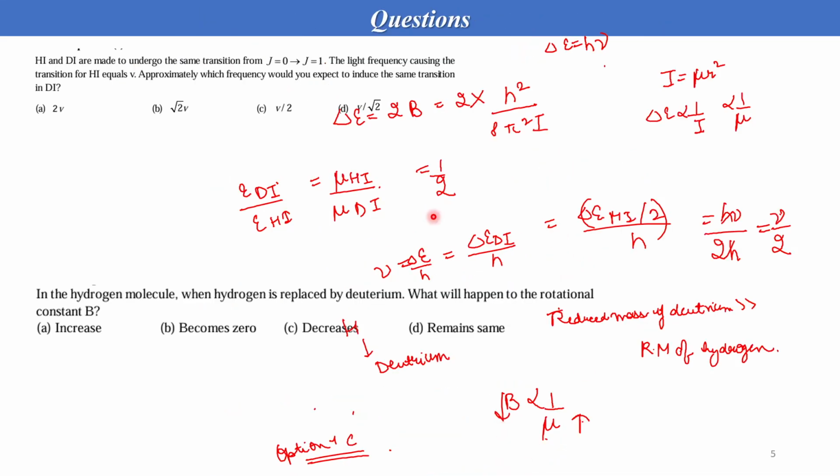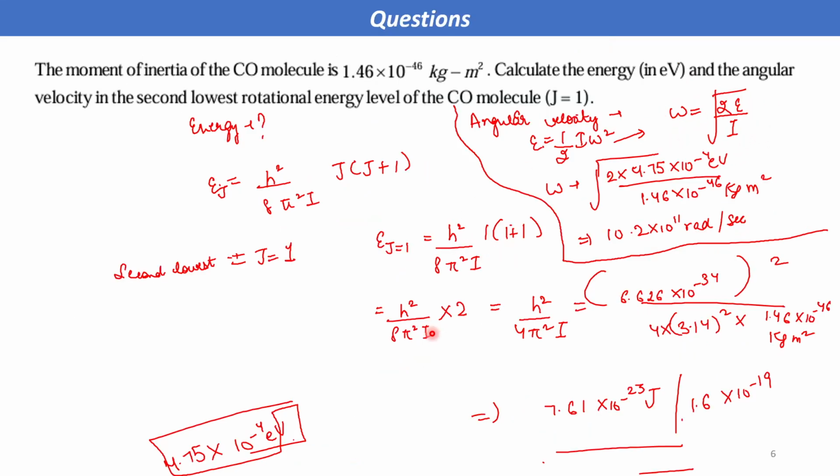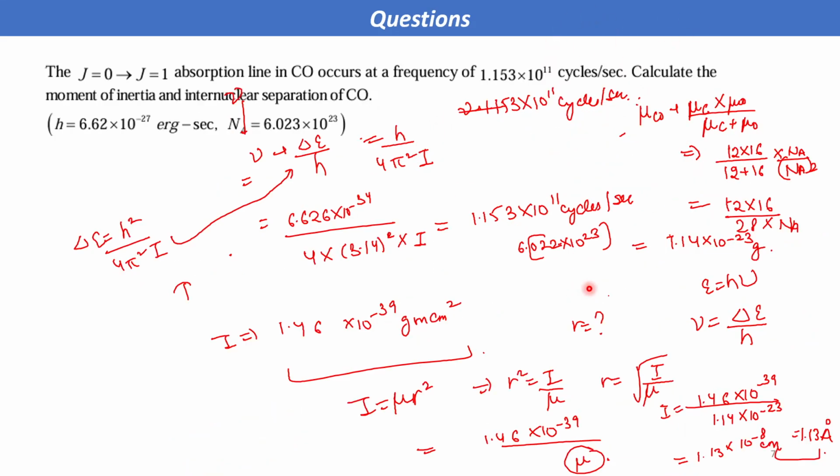Then we saw how energy is inversely proportional to the reduced mass and to the moment of inertia. And then we solved some questions related to the calculation of the energy and the angular velocity. Then the same formula was used for the moment of inertia. We calculated that I equals mu r square, and the reduced mass we have calculated.